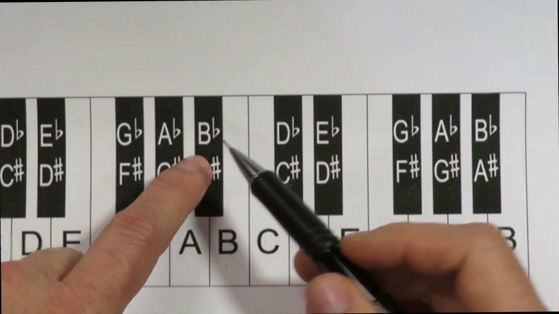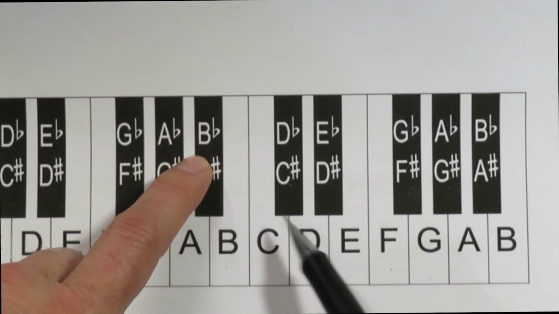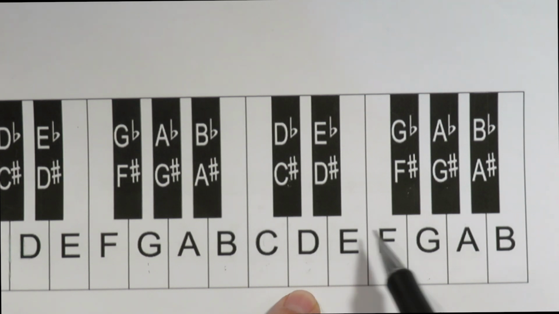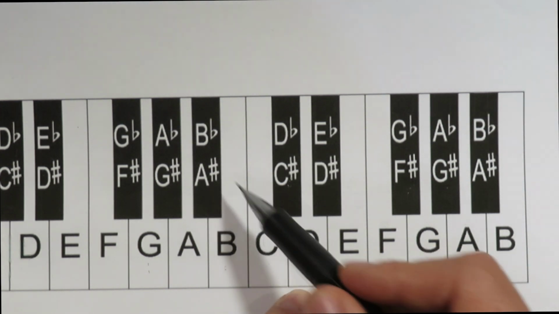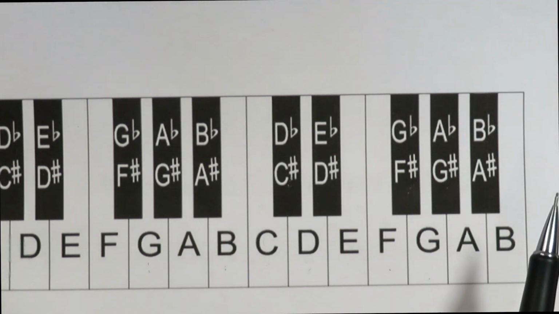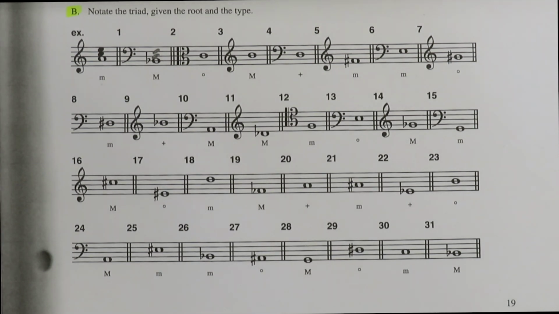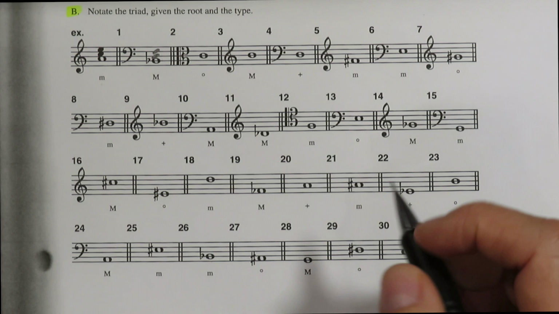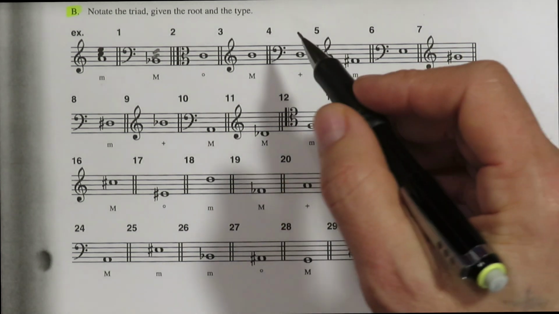We want a major third, right? Whole step, and then a minor third on top of that. 1, 2, 3 half steps. So B flat, D, F is B flat major. Okay. So it helps to know your key signatures too. Now let's try number 3.